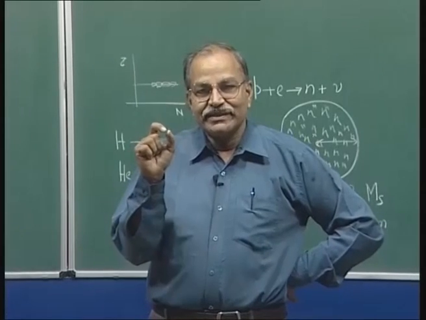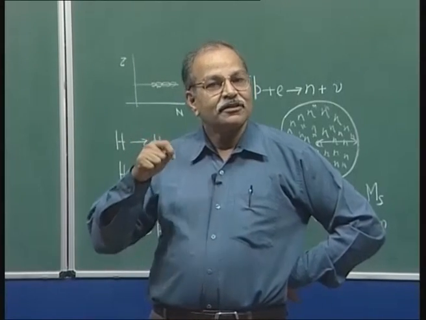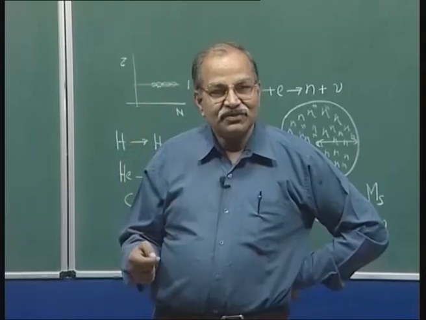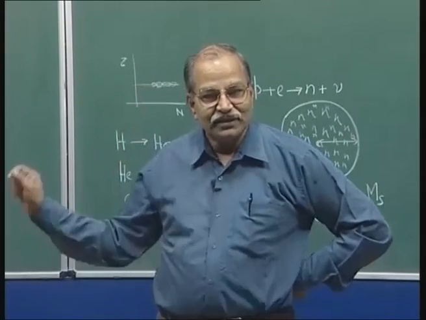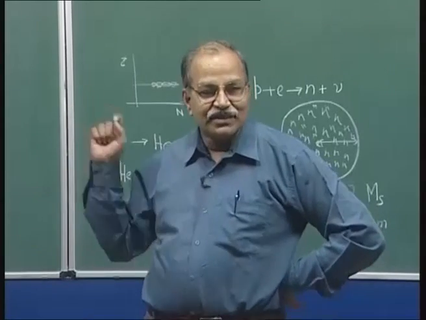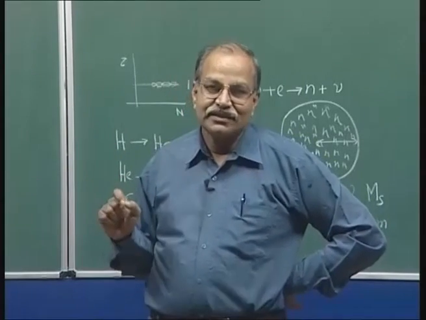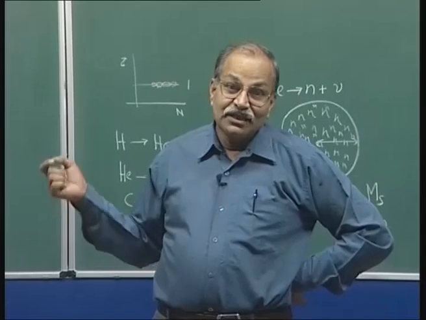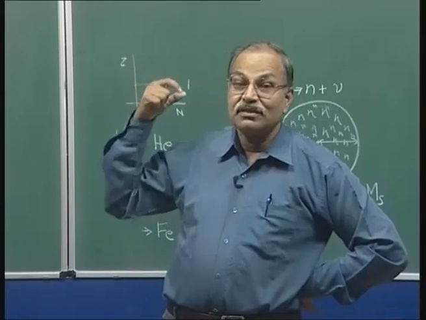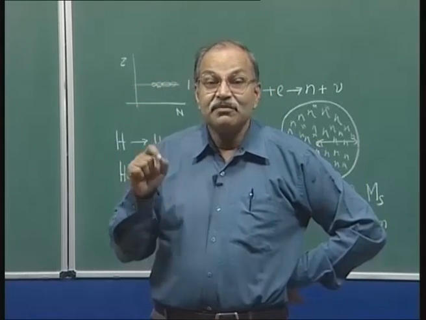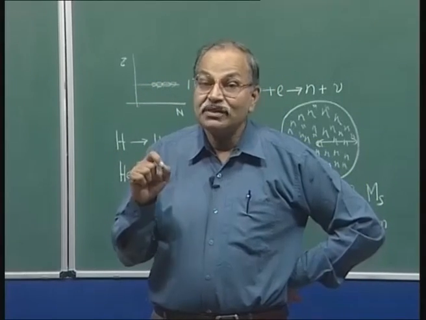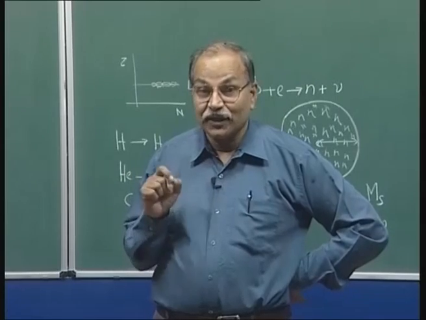In femtometer distances, nuclear forces are much more effective than gravitational force. So we did not consider gravitational attraction when we were discussing these nuclei. But for objects like neutron stars, where gravitation is so important, gravitational potential energy should also be taken into account. That is one.